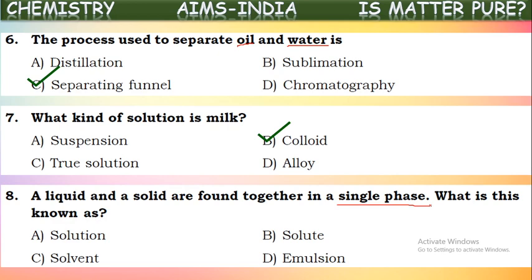No solid appears or is seen after mixing. So, solid and liquid substances are mixed. Finally, they came to one state, that is a liquid phase. Then that is called a solution or true solution. The mixture in which the components came into a single phase is called a true solution, or solution to say simply. So here they're telling solid and liquid came to a single phase, then that is said to be a solution.